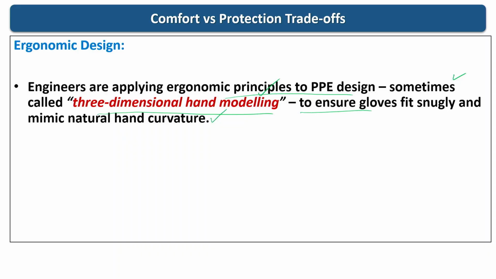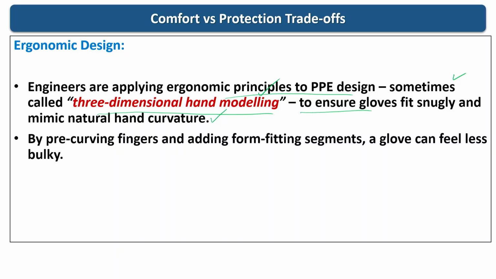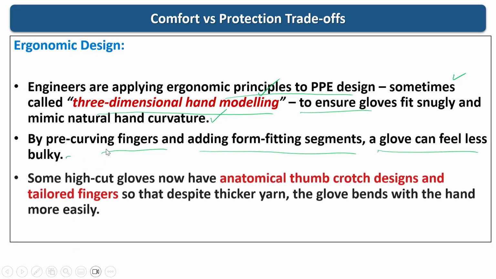So, the ergonomic design is done by pre-curving the fingers and adding some fitting segments, so gloves can feel less bulky. So, these are the different ergonomic innovations, the design innovations.